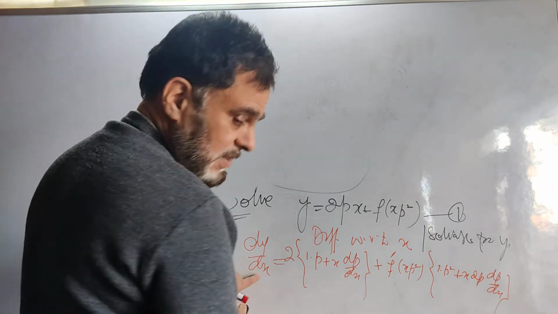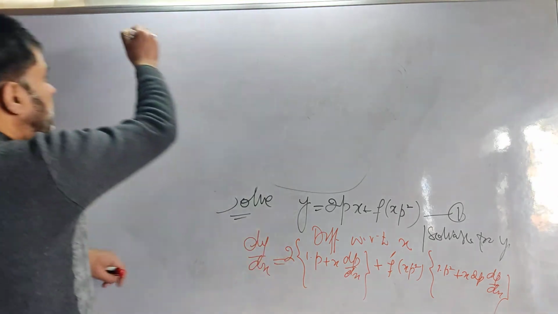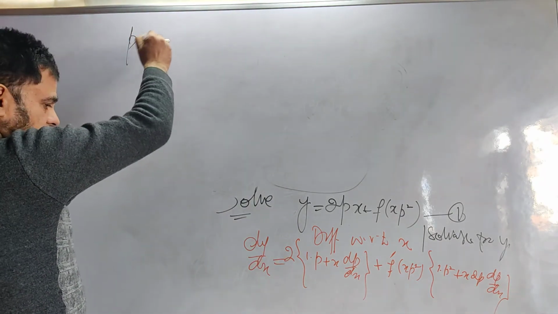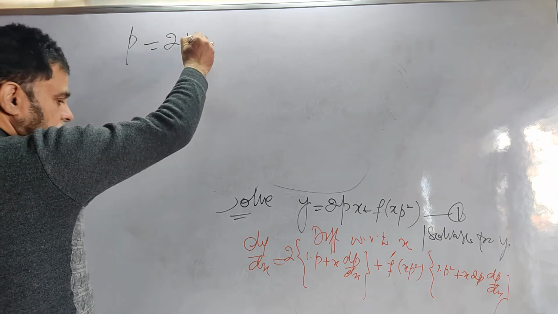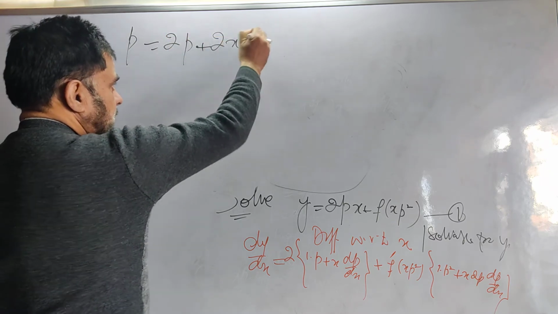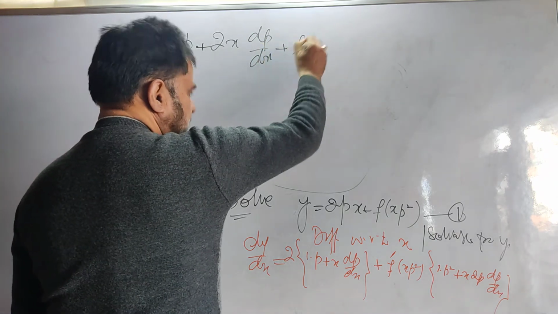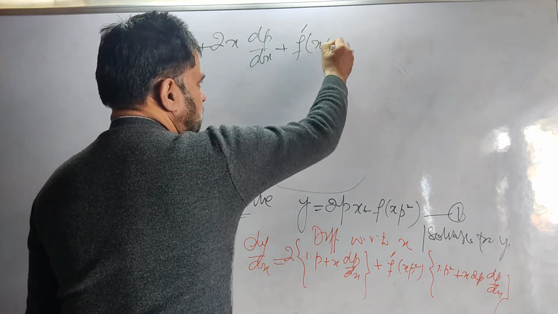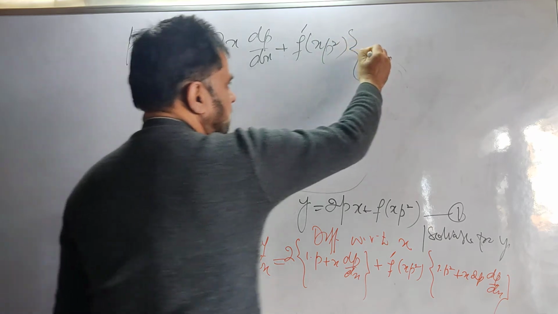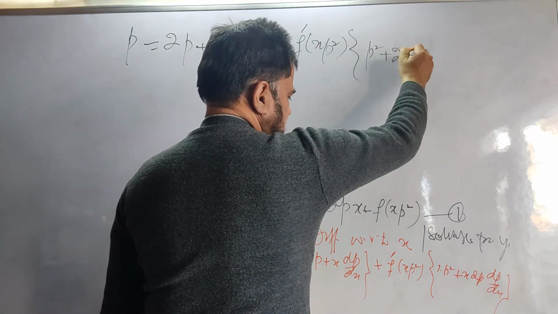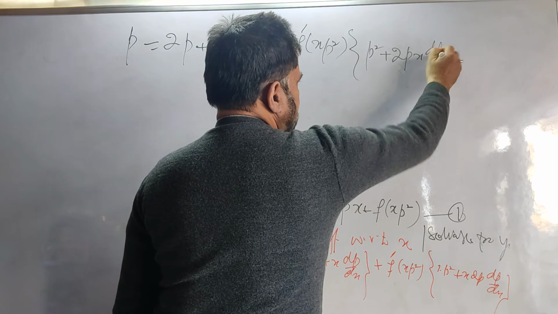You can write, now this is your p, this is your p. This p is equal to 2p plus 2x dp by dx, plus f dash xp square into p square, again 2px dp by dx.